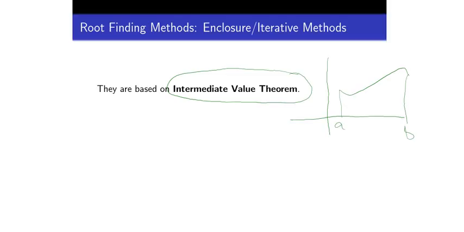You take any point, let's say this is k, which lies between f of a and f of b. You will always be able to find a point c such that f of c is equal to k. That is, k has a preimage.